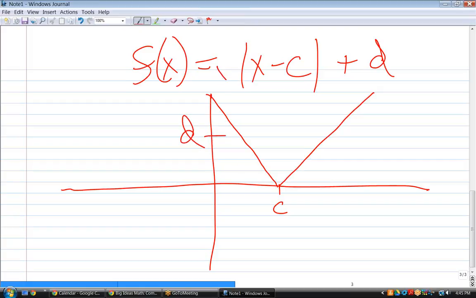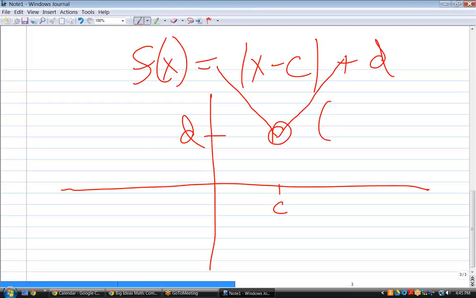So now the curve's going to look like this. Okay. And that's what your answer needs to look like. You've moved it to the right by c amount, and I've moved it vertically up by d amount. So this vertex, instead of being at 0, 0, it's now at c, d.